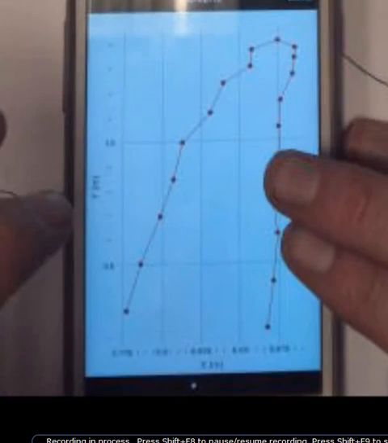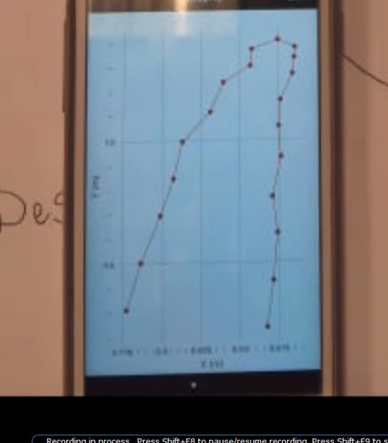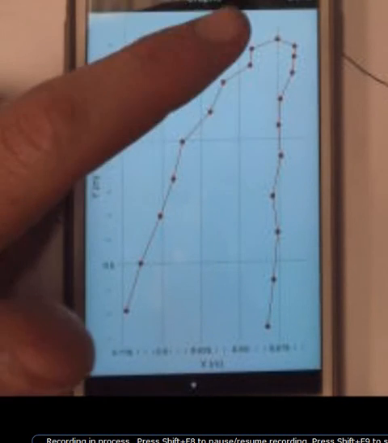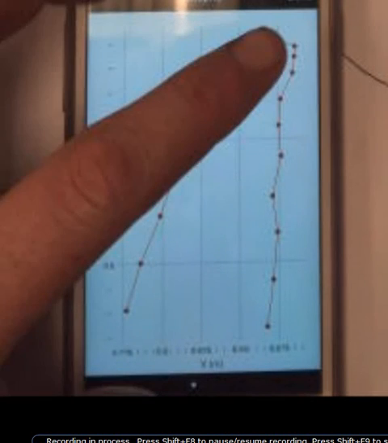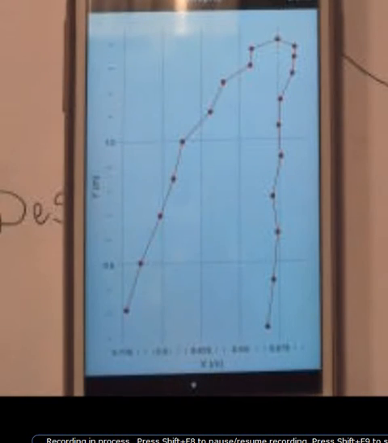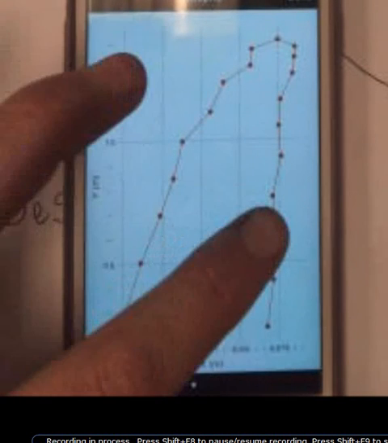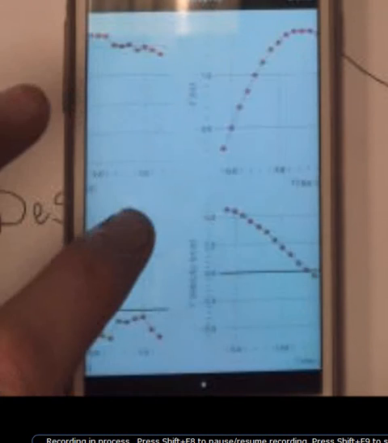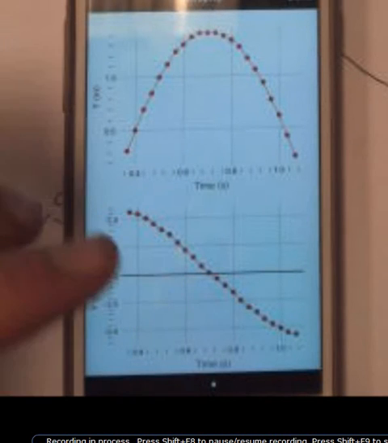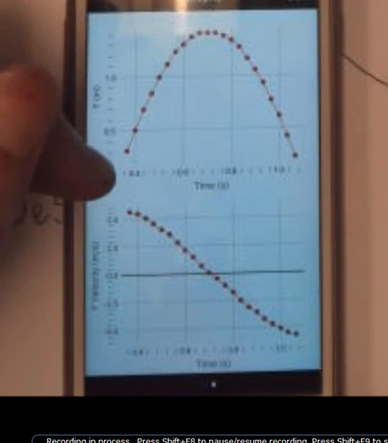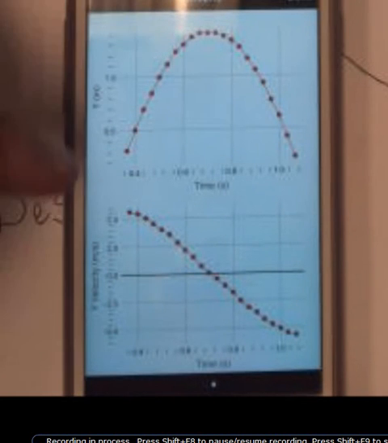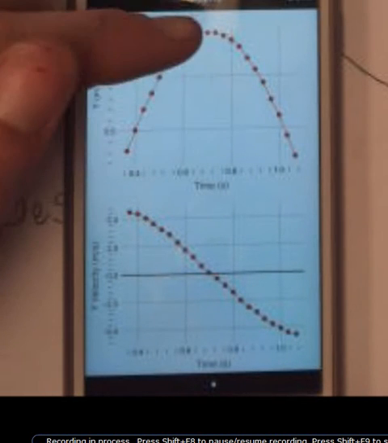We're going to take a look at the graph, and this is the position in the y direction as it traveled up a little over a meter, and then it fell nearly straight down. That's position versus position. What we're more interested in is the position versus time. Over time, the position changed in the positive direction first, but it changed at a decreasing rate.